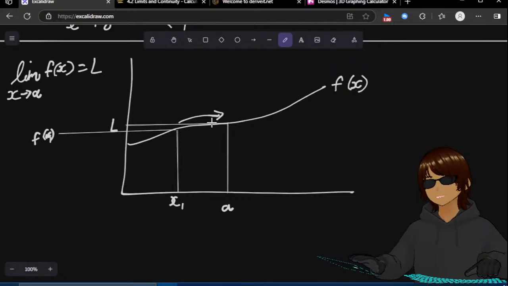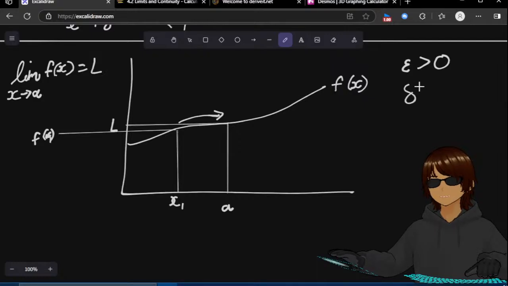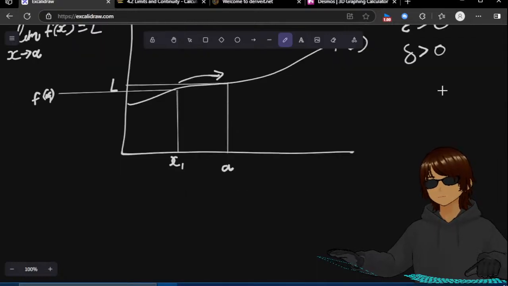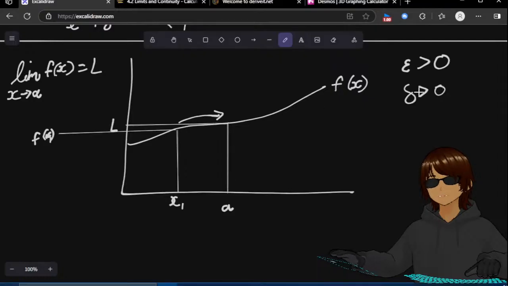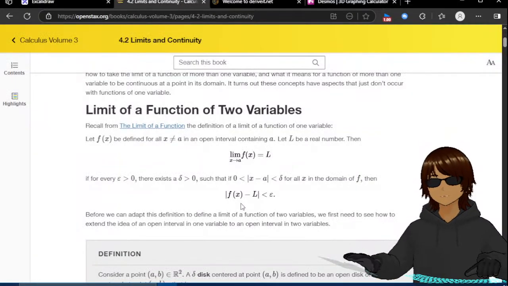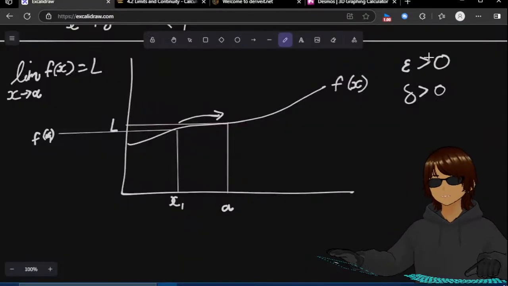So you can think of any sigma more than 0, then there will always exist a delta such that if the distance between these two is less than delta, then the distance between these two will be less than sigma.